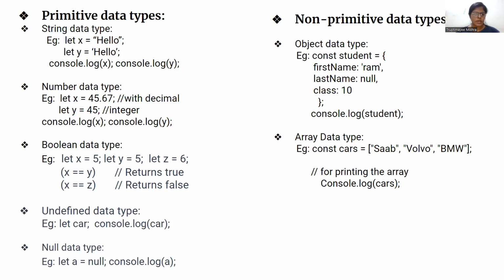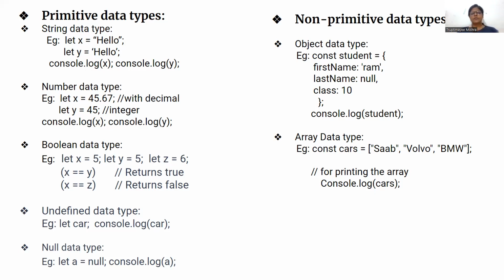In the boolean data type, here let x equal to 5, let y equal to 5, and let z equal to 6. x equal to y, x equal to z. In the first case, the x and y values are the same, so it will return true. And in the second case, x and z values are not the same, so it will return false. In the undefined data type, the example is let car.